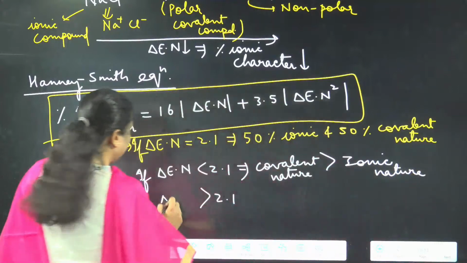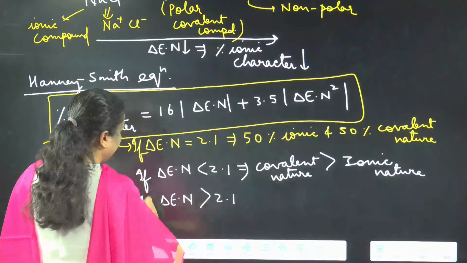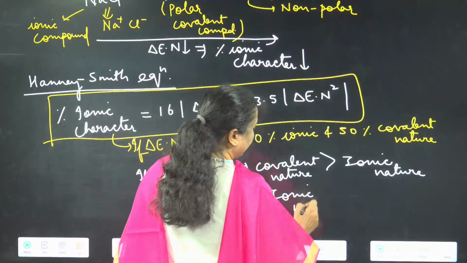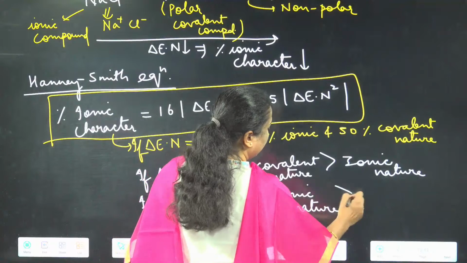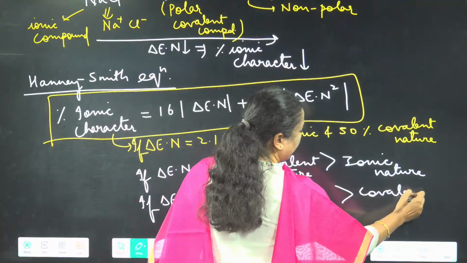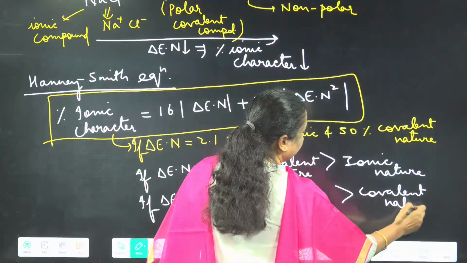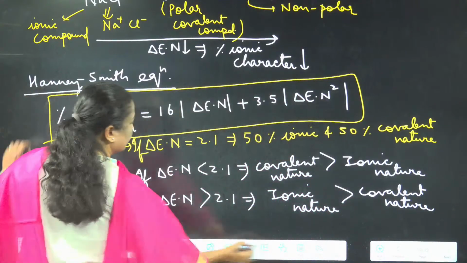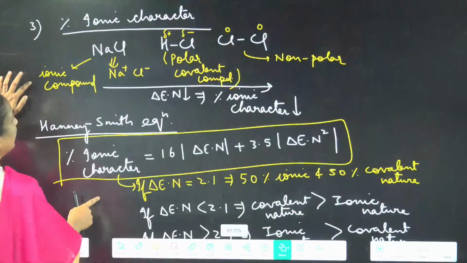If delta EN is greater than 2.1, I'll say the ionic nature is greater than the covalent nature. That's the conclusion from here. So make sure you are writing them down.